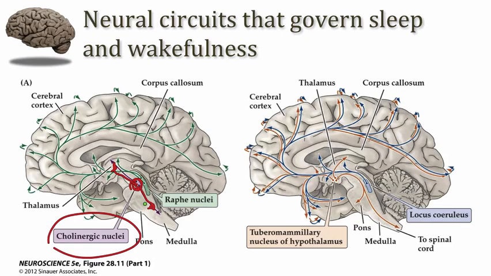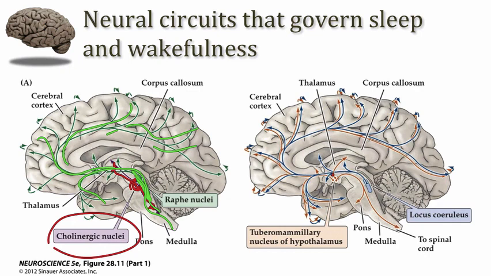Our raphe nuclei are found along the midline of the brainstem, from the midbrain all the way down into the medulla. And these raphe nuclei give rise to very long projections that basically extend all over the entire brain and even down into the spinal cord, where they release serotonin.